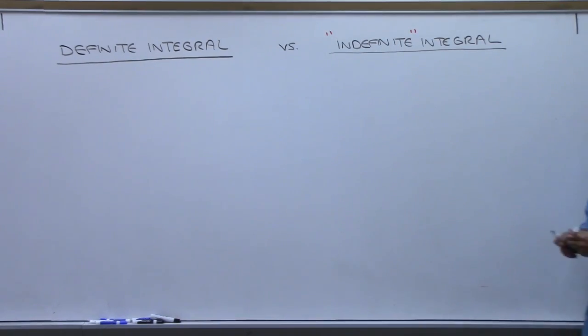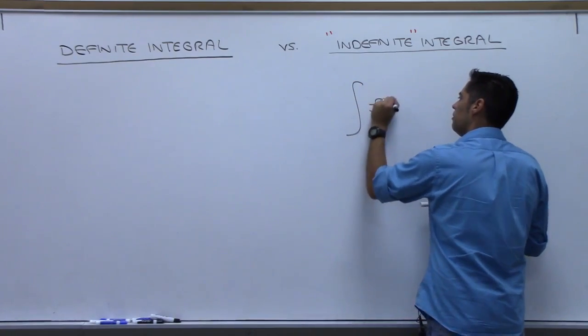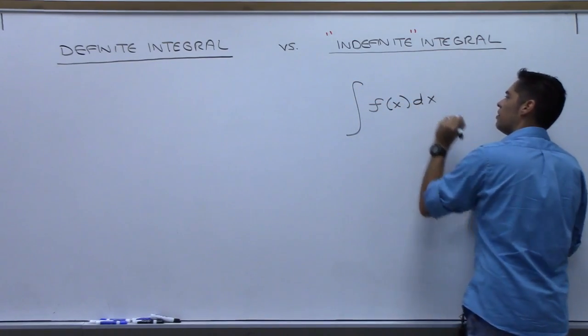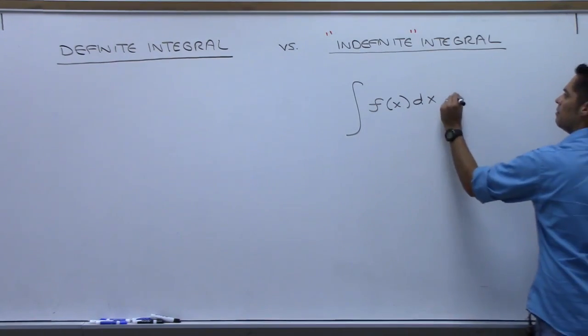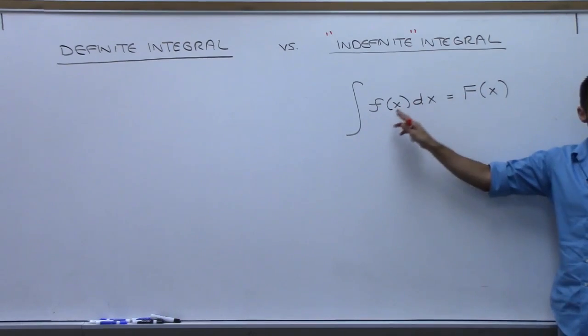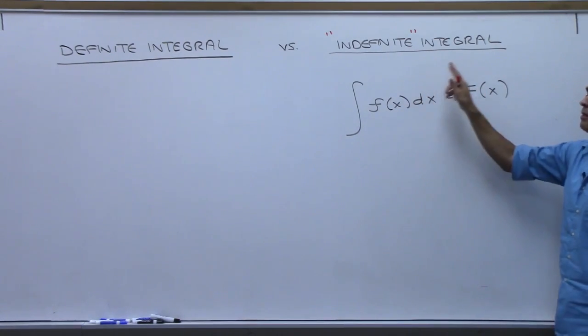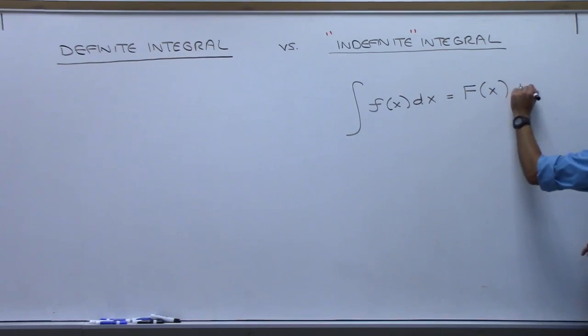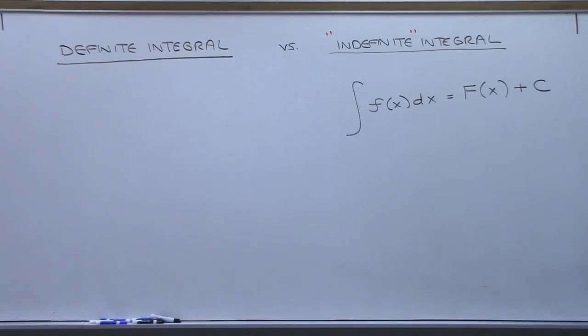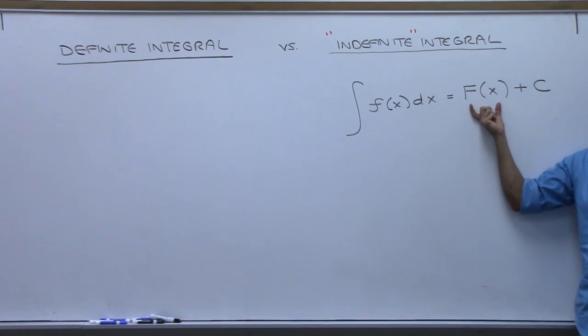An indefinite integral looks like this. Integral, function, dx. Our answer has always been its antiderivative, right? Capital F, remember the relationship between capital F and little f? The antiderivative of little f is capital F, and then plus c. The reason why we would call this an indefinite integral is because what we're doing is we're finding an answer, which is a function, right?